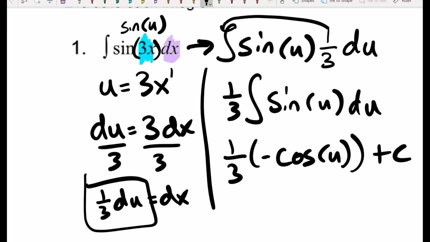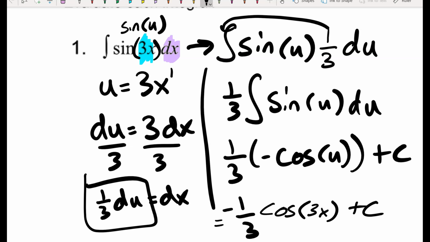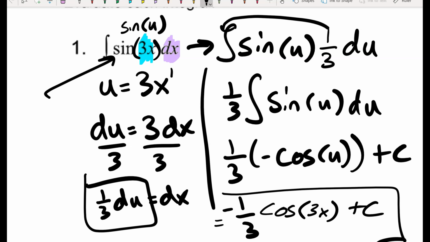And again, you could check yourself by differentiation. And I'm going to substitute that value for u back in to leave it in terms of x. So my final answer here is negative 1/3 cosine of 3x plus c. And again, you could always check yourself by differentiating this to show that you get back to sine of 3x.